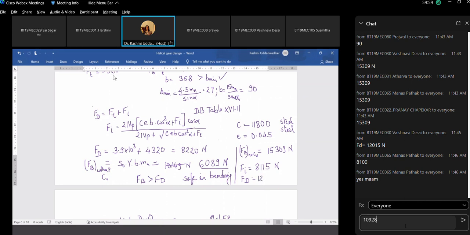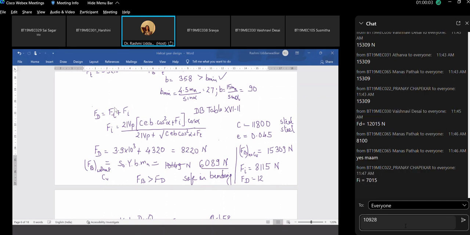Please confirm. Fi is 7,000 for Pranav. Atharva, Prajwal, Sushmita.